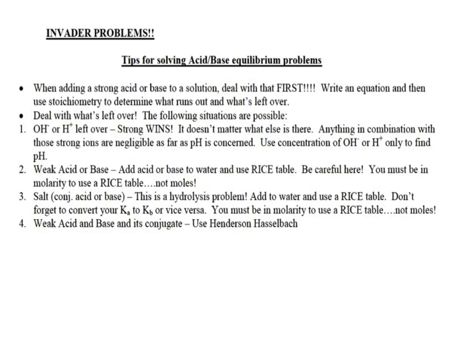If what is left standing after the war is a salt, which is our conjugate acid or base ion, then we go into hydrolysis. Add it to water, go into a Rice table, and then use your Kw over your Ka or your Kb. And lastly, like we learned yesterday, if what's left standing after the war is a weak acid and its conjugate base, then we're going to use the Henderson-Hasselbalch equation.